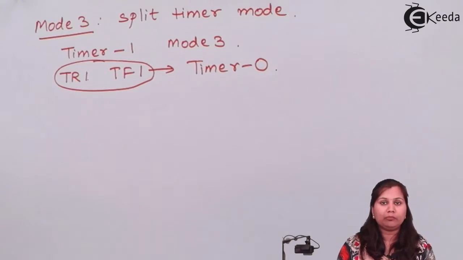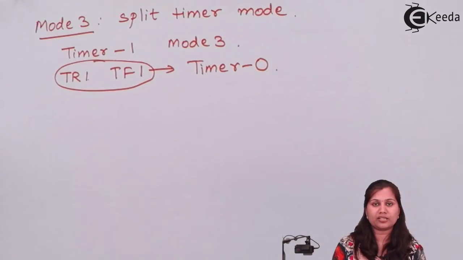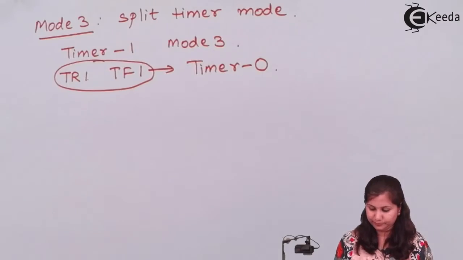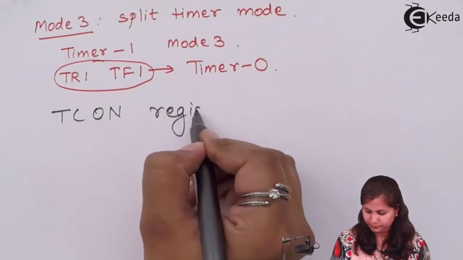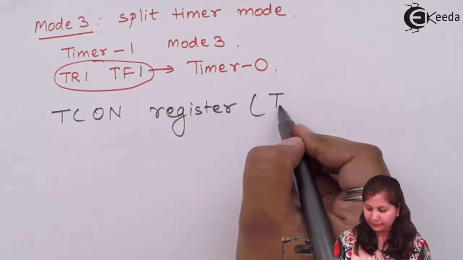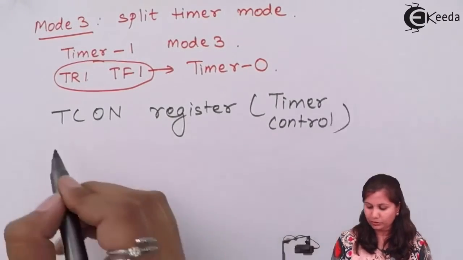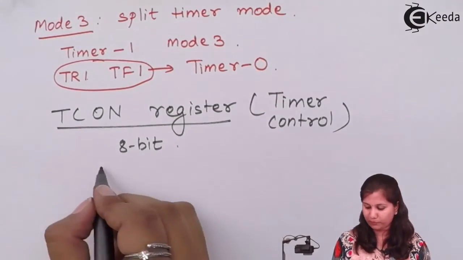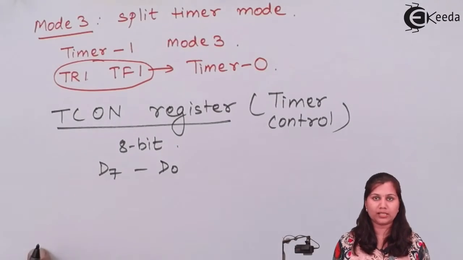This was the TMOD register, which is used to decide the modes of operation of the timers. Next, the special function register associated with the timers is the TCON register. It is the timer control register. This register is also an 8-bit register, so it has 8 bits from D7 to D0, and each bit has some function associated with it.